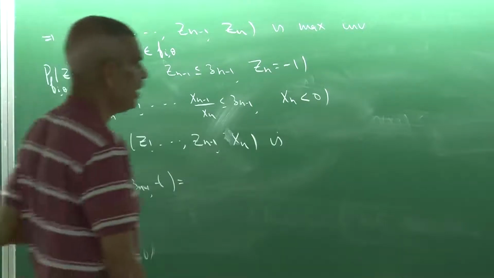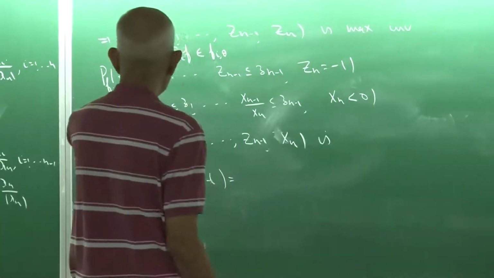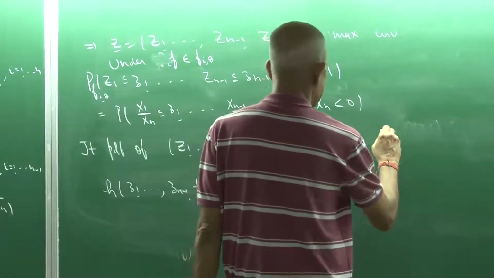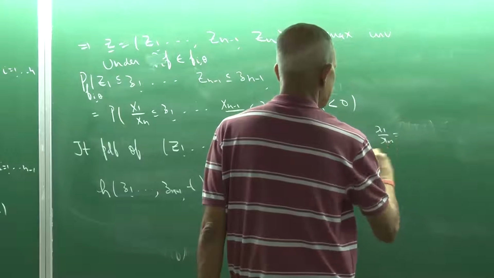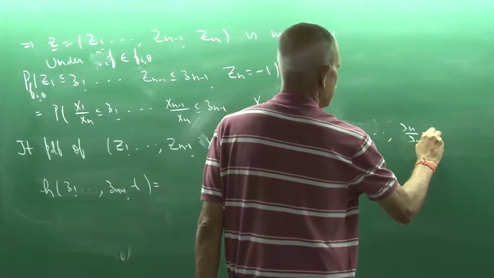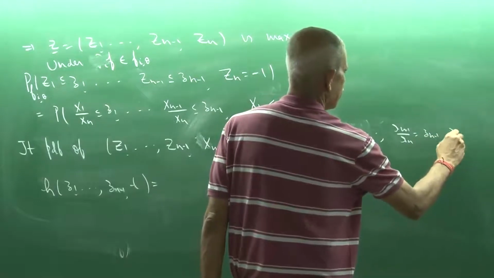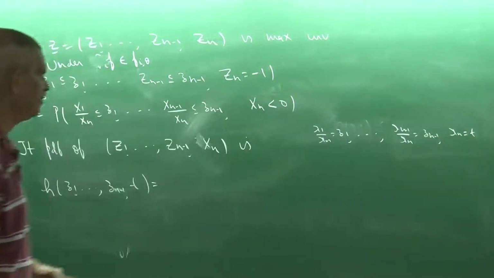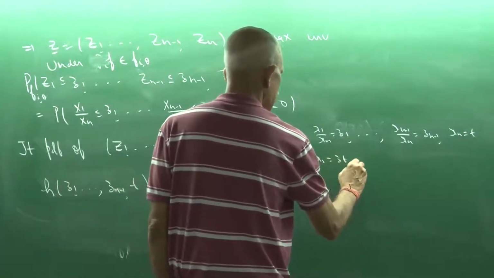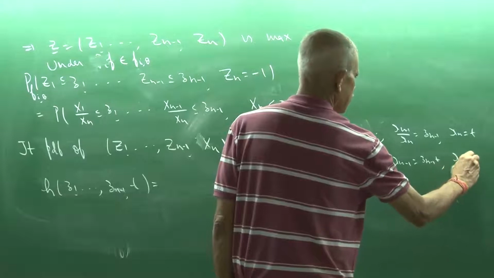The joint distribution under Fi theta is given to be this. So what would be the Jacobian term? What I am doing is Z1 is x1 upon xn, and so on, Zn minus 1 is xn minus 1 upon xn, and xn I am finding at point t. So that means x1 is same as z1 t, xn minus 1 is same as zn minus 1 t, and xn is same as t.